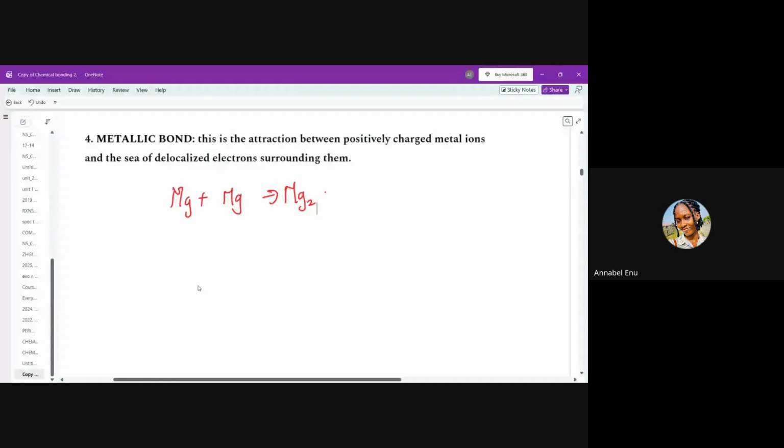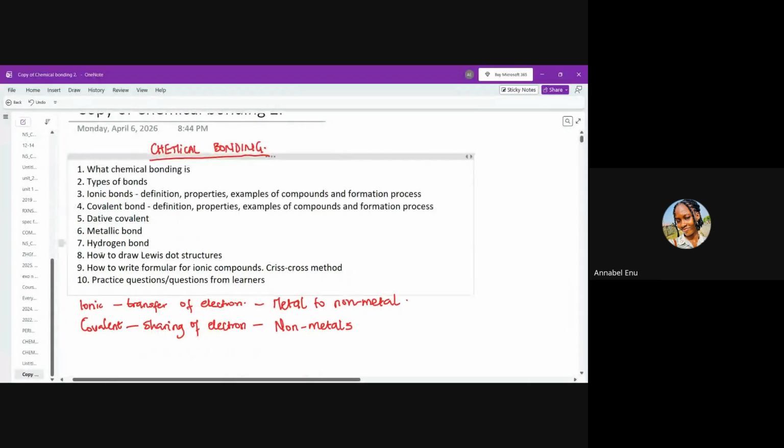So what else are we supposed to learn today? Hydrogen bond. Hydrogen bond has to do with when hydrogen is directly bonded to highly electronegative elements like oxygen, fluorine, and nitrogen. So when we see structures where we have hydrogen bonded with fluorine, or anything like this, we know that this is hydrogen bond.